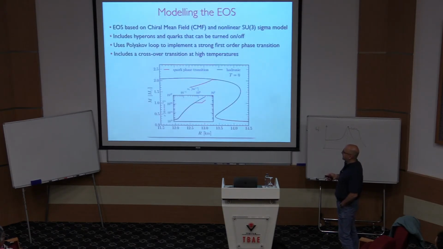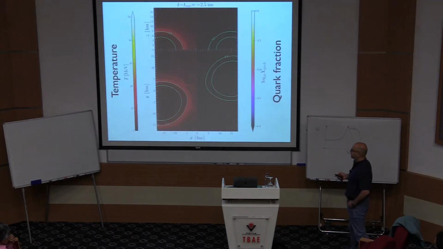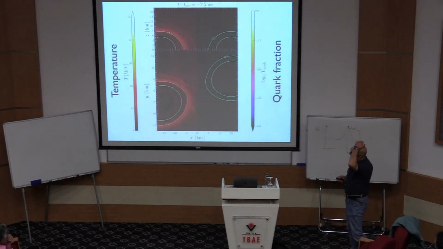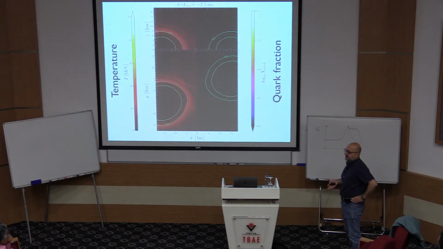In this way, we have essentially built two equations of state which are identical at small density, and then can differ at sufficiently high density, leading to this other branch over here in the pressure.